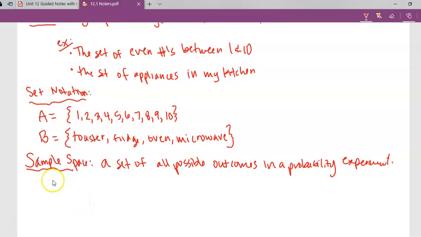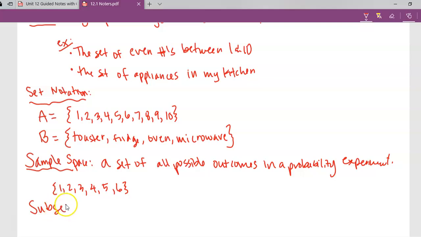So the sample space for tossing a coin would be heads or tails. The sample space for throwing a six-sided die would be that my die could land on 1, 2, 3, 4, 5, or 6. So the sample space would be all the numbers 1 through 6. The sample space just has to list every possible outcome of whatever experiment I'm doing.